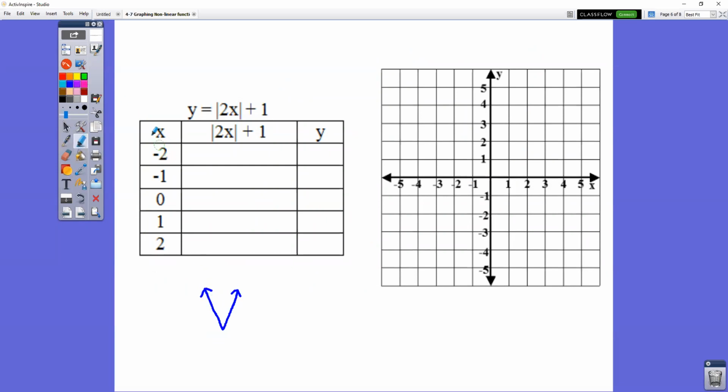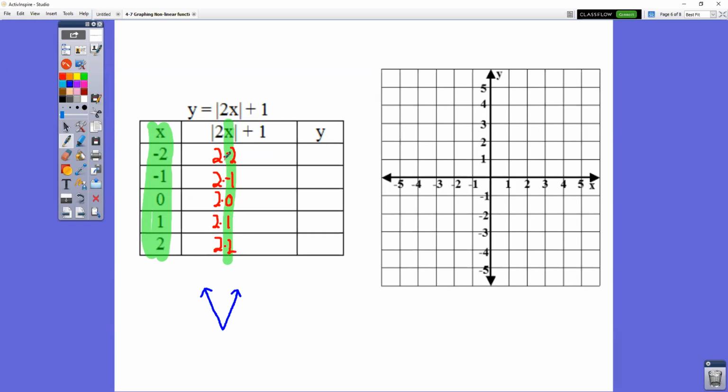So again, what we want to do is take our x values and sub them in for x. So instead of having 2 times x, we're going to have 2 times -2, 2 times -1, 2 times 0, 2 times 1, and 2 times 2.